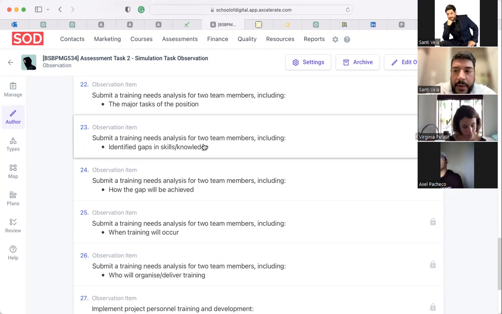What is your position about it? Do you think it's an important aspect of the role of a project manager to provide constant, regular training to team members? What do you think about this?